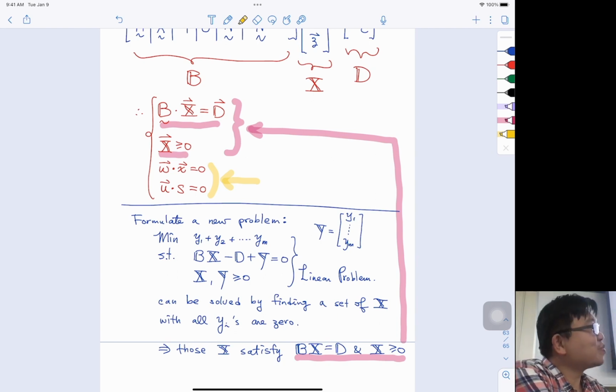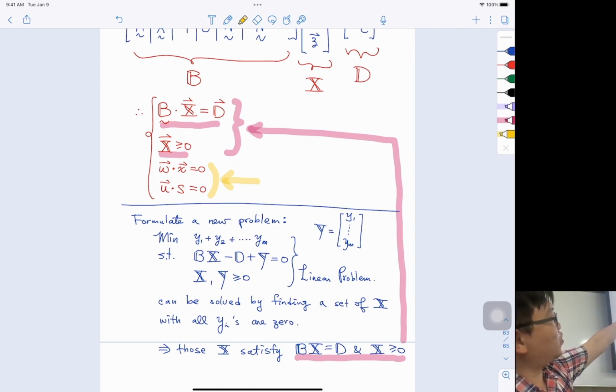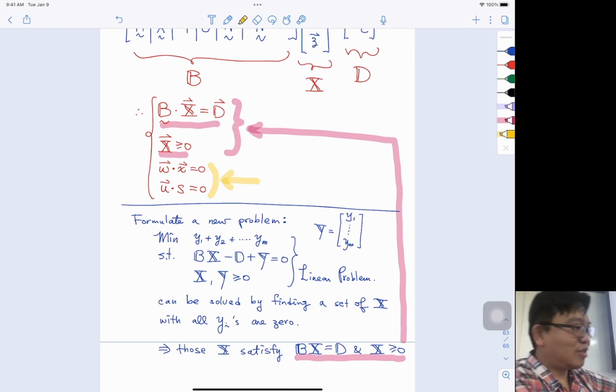I had a master student earlier. His thesis was to write his own quadratic programming code. He tried, and it turns out the most tricky part was to handle the yellow condition, because even if you solve the new problem at the bottom, you sometimes cannot reach the criteria of the yellow one. So it's really tricky.